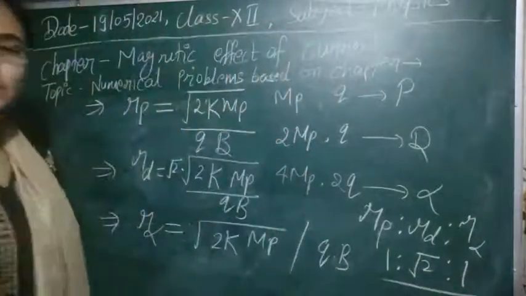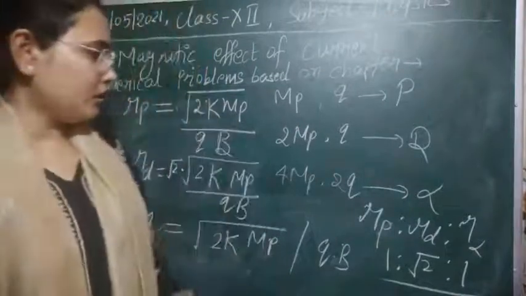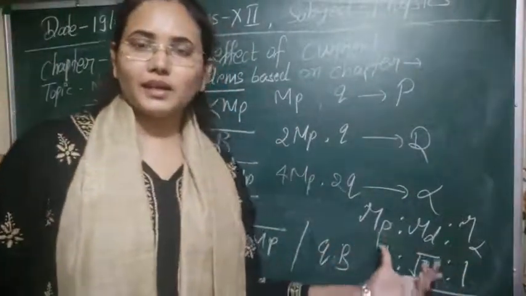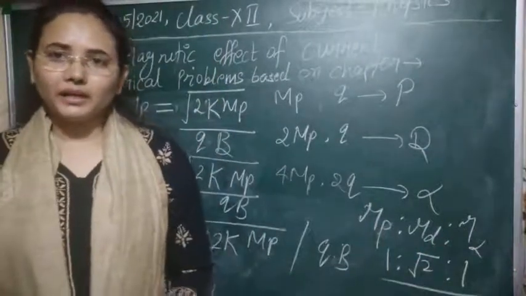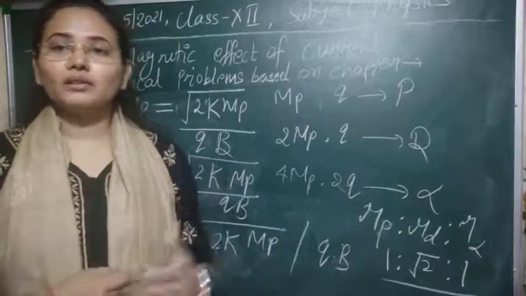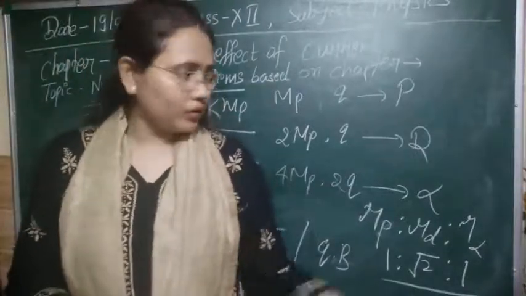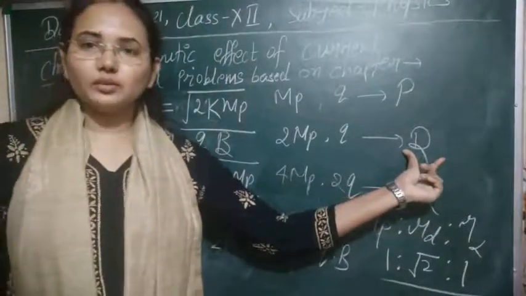So this is our answer for this question. It means proton and alpha particle will move along the same circular path with equal radii, but the radius for the deuteron will be different due to its mass.